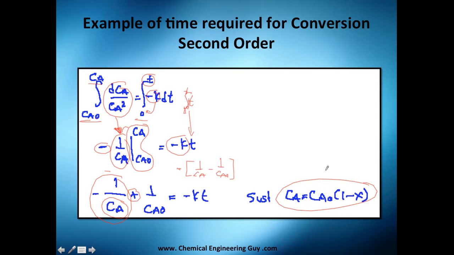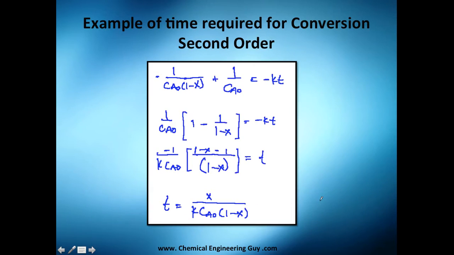So once again, we want this in conversion terms. So how do we do that? We need to plug in this equation. So that's what I did here. Before I got this CA, but I know CA is equal to my initial concentration times 1 minus X. So I got that here. This stays the same and the same.